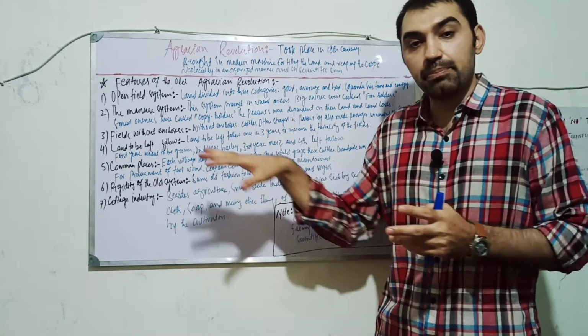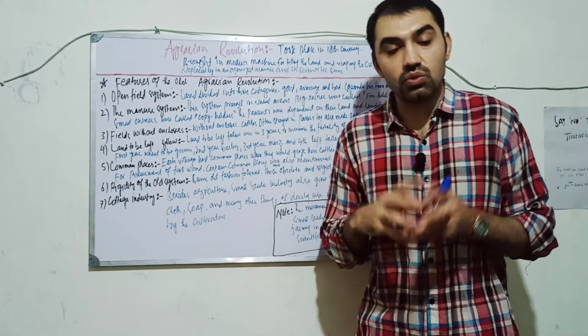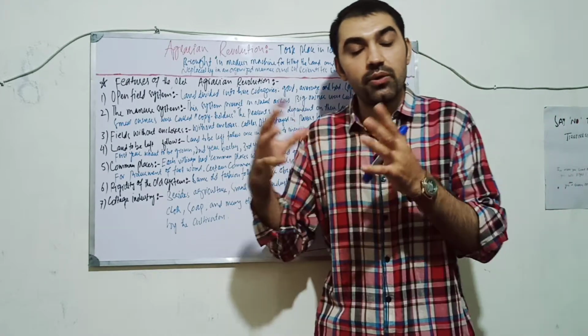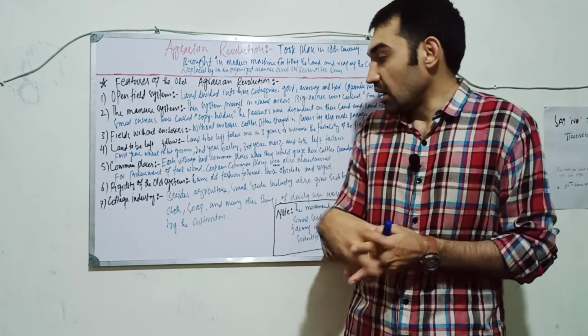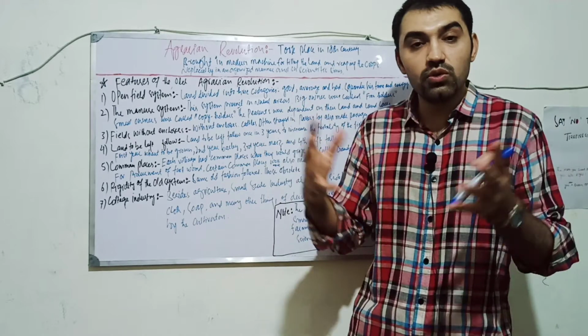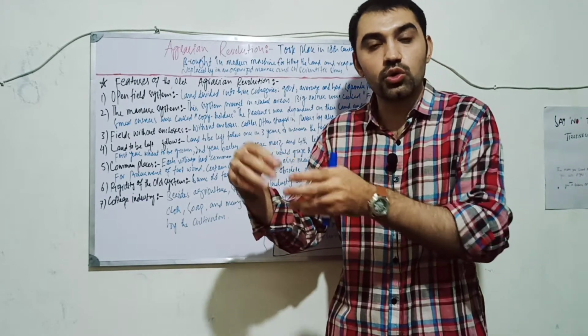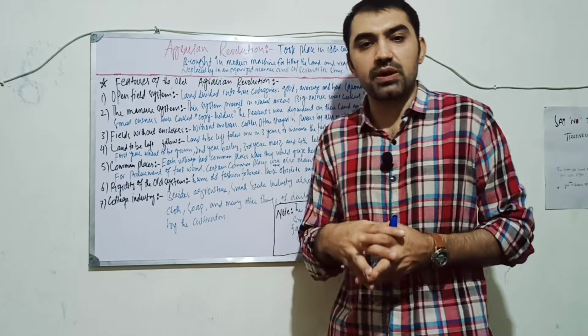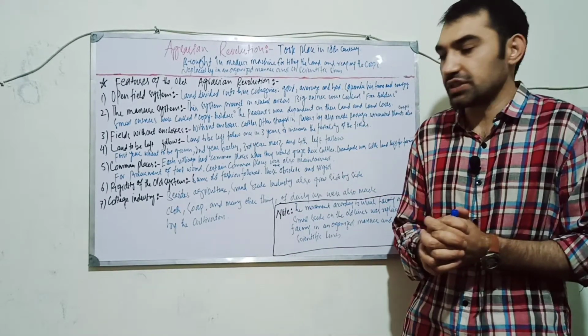Another important feature of these common places was that some were for the procurement of fuel wood, the wood which could be used as fuel for burning and various other purposes and for construction.